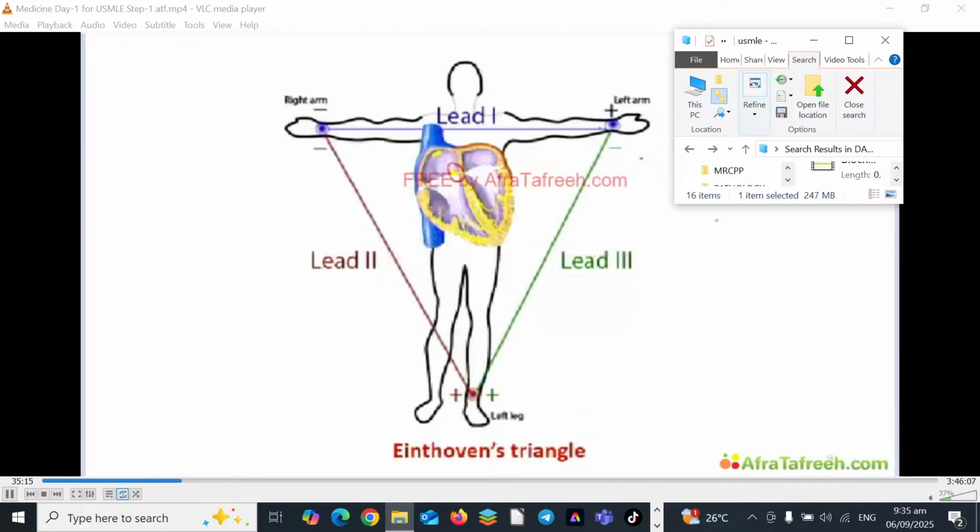When you have placed the electrodes, this was your lead 1, lead 2 and lead 3. When you made the augmented leads, those were unipolar electrodes and unipolar leads. So a unipolar would be AVR, AVL and AVF. All right.